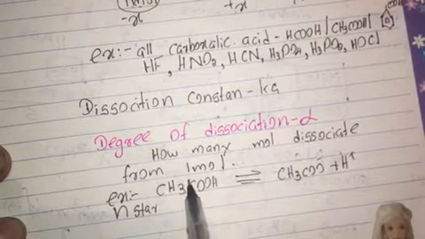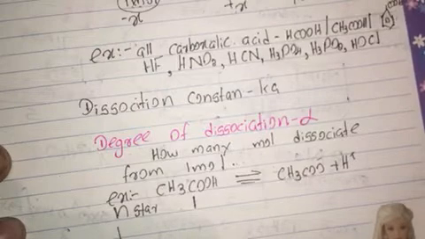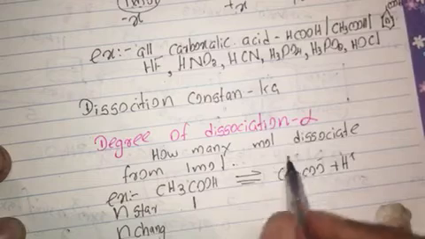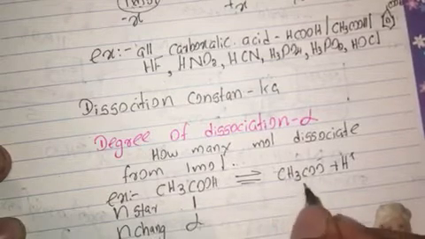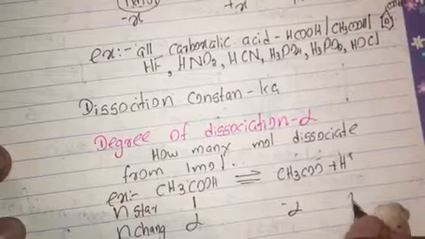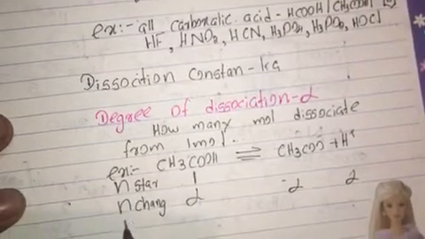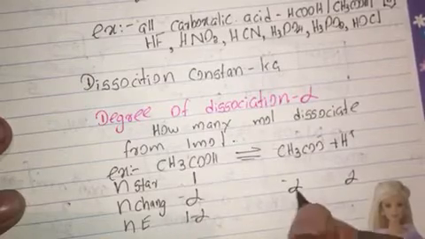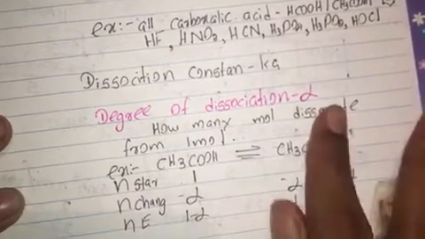Degree of dissociation alpha. What is the dissociated mole from 1 mole? Alpha. Form acetate alpha, H plus alpha. At equilibrium point: 1 minus alpha, here alpha, alpha.